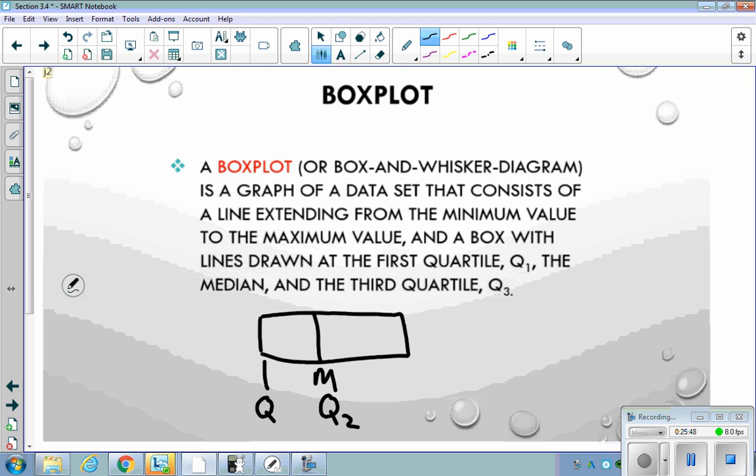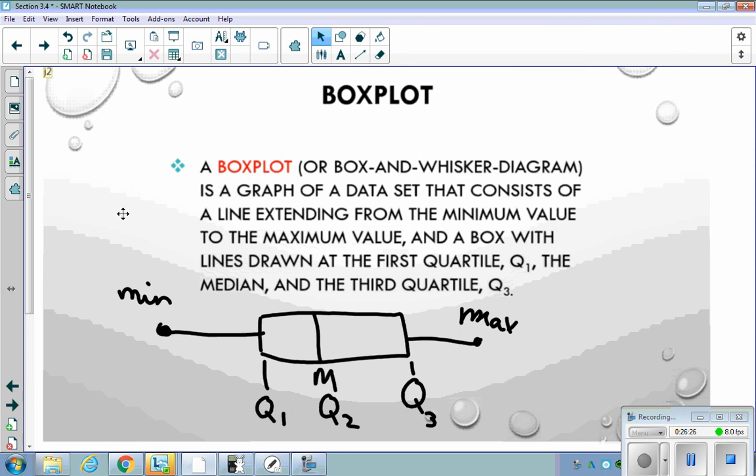This is going to be quartile 1. This is going to be quartile 3. You'll have a minimum value here and a maximum value here, and you literally draw a line. That's why we need our 5-number summary to build that box plot.